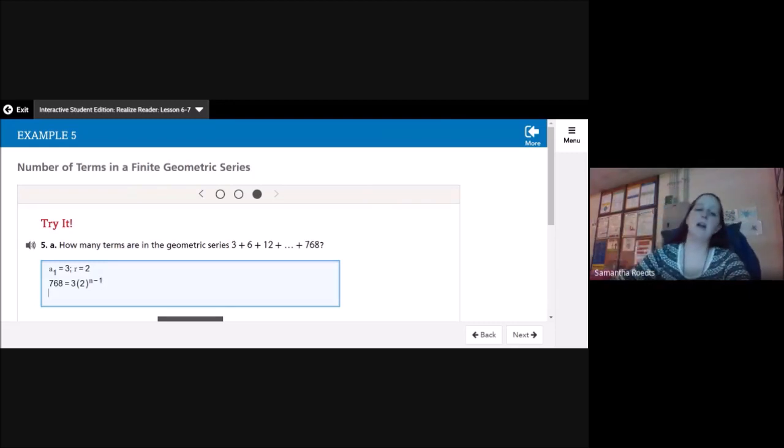I divide both sides by 3. So 768 divided by 3 gives me 256 equals 2 to the n minus 1. I'm going to take the log of both sides, so log 256 equals log of 2 to the n minus 1. So then I can bring the exponents down front. Divide both sides by log of 2.